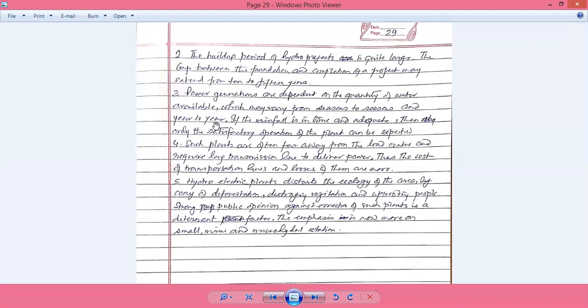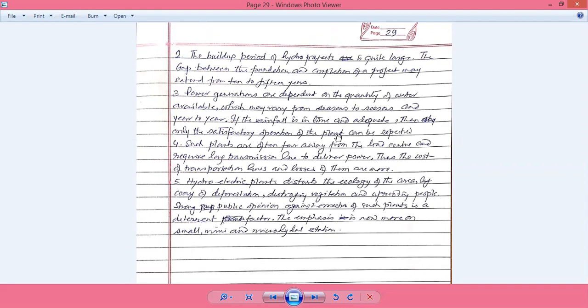It can be more, less or average, as per the will of nature, not of human beings. The rainfall may be late or early, inadequate or adequate. Only if the rainfall comes at the right time and is adequate will the power plant perform satisfactorily.